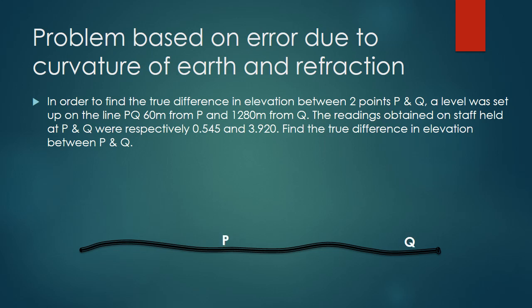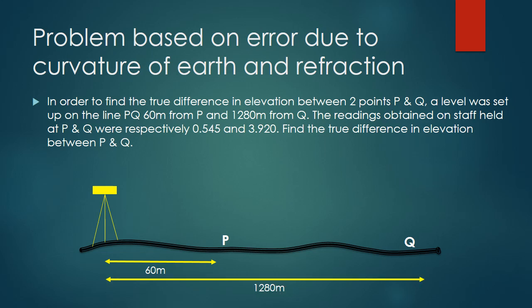Here are the points P and Q. Our instrument is set up on the line PQ, 60 meters away from P and 1280 meters away from Q. Both staffs were held at P and Q, and the readings were 0.545 at P and 3.920 at Q. This is the setup that we are going to do in the field, and we are going to find the true difference of elevation between P and Q. However, we will face some error due to curvature of the earth and refraction.